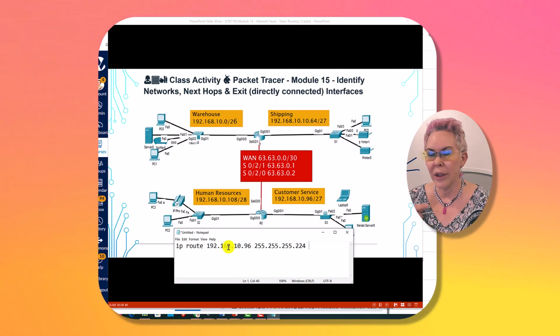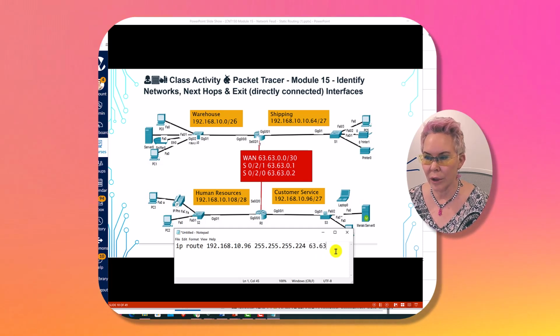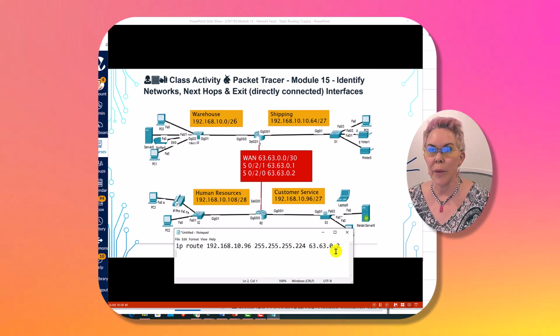And then what is the next hop address? Well, from this router, if I hop down, I can see that this is the interface, and I just have to tell the route statement what the address is for that interface. Okay, that is a next hop static route.